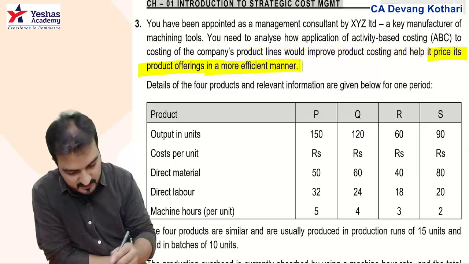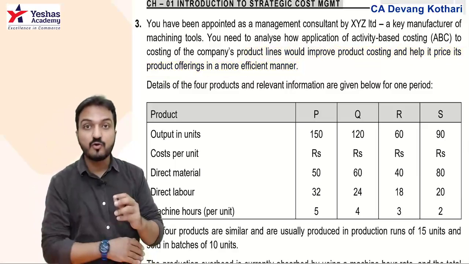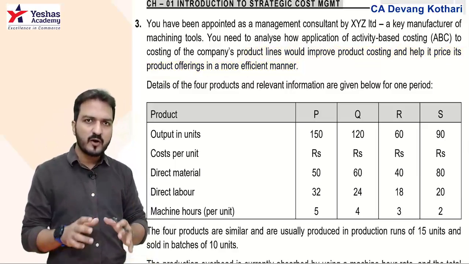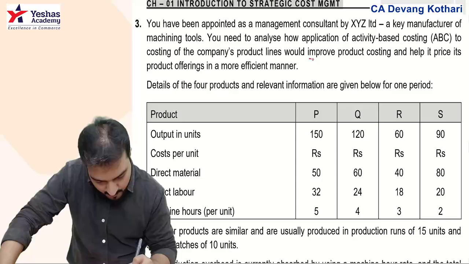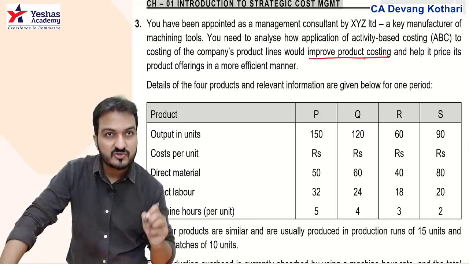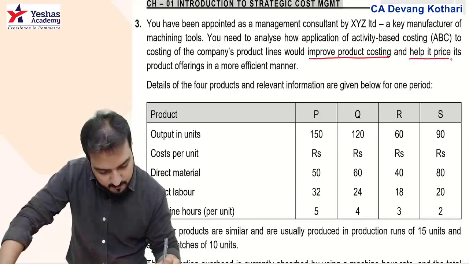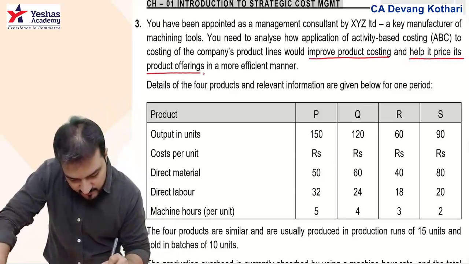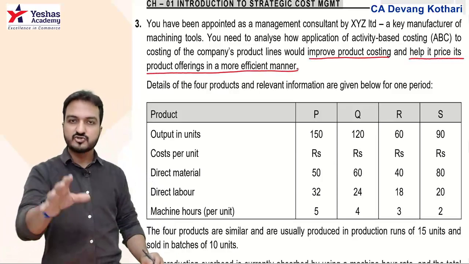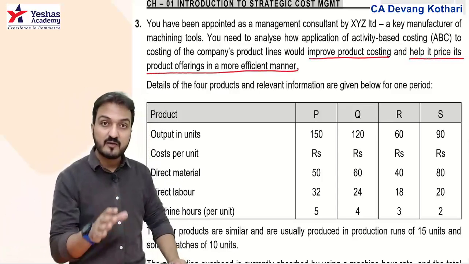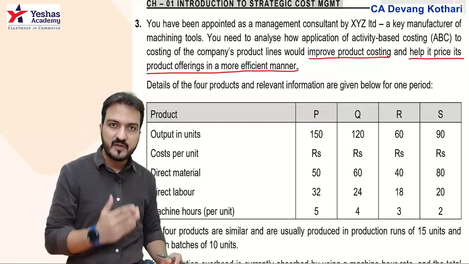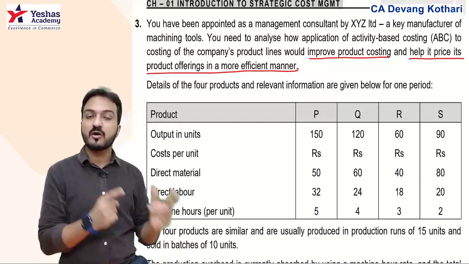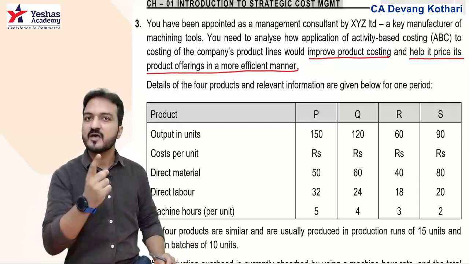So notice the company is following the ABC method. For what purpose? You are following ABC method to improve product costing so that it will help you price your product offerings in more efficient manner. So ultimately this means that you are finding product cost in order to set the selling price. This is a company where selling price is not market price. Selling price is decided by the company.